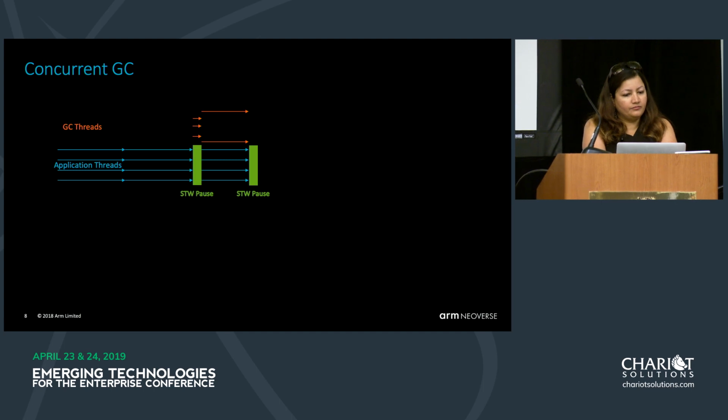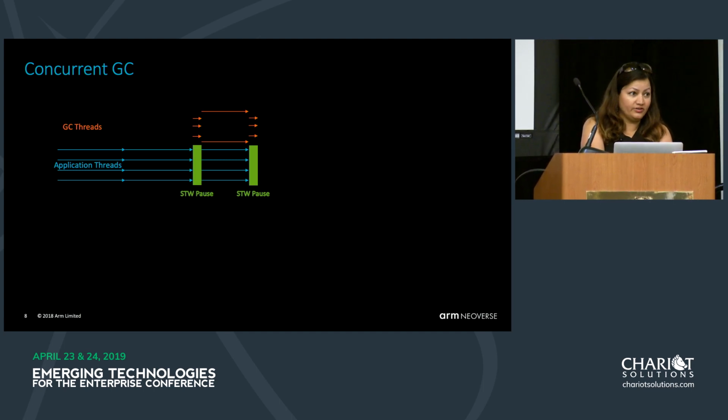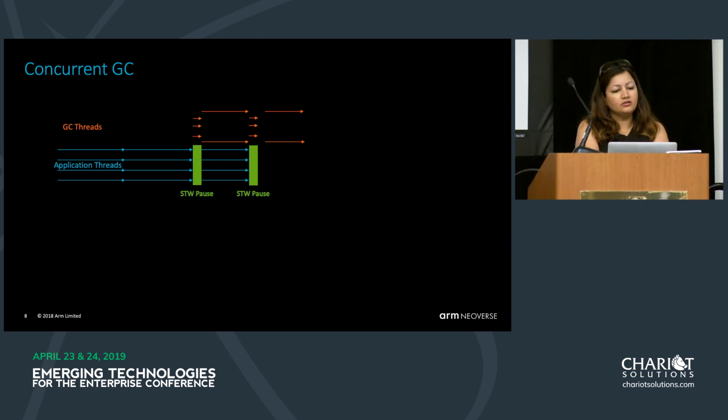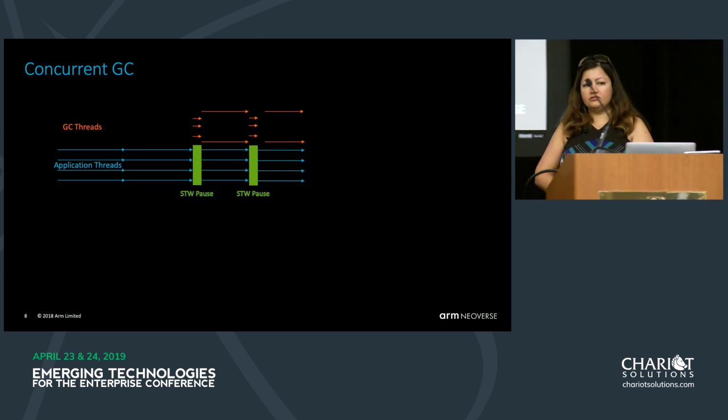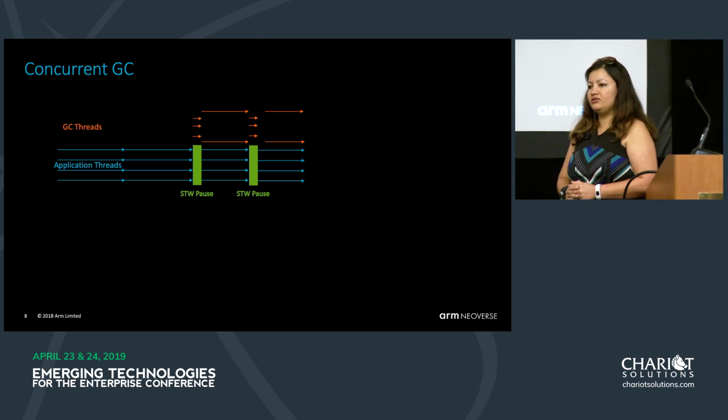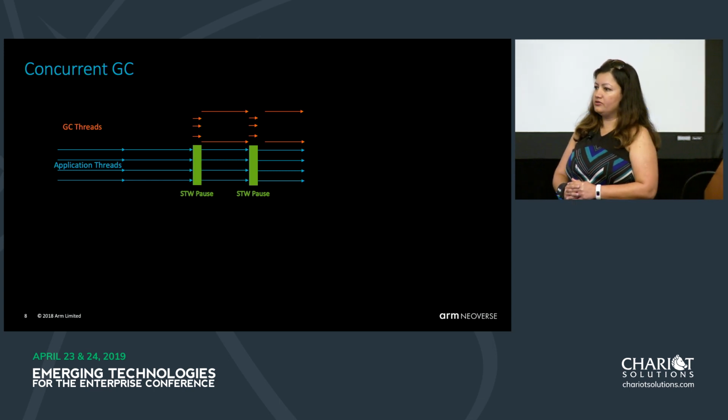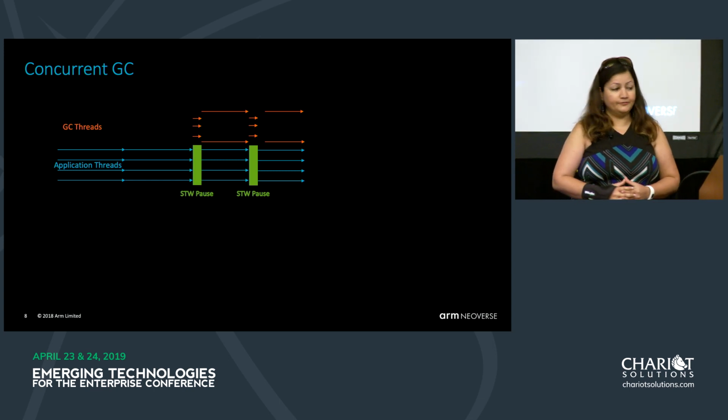And then you have other stop the world pauses. You will have your parallel GC threads working during the stop the world pause, and your concurrent GC threads will continue working along with the application threads. This is what you would see in ZGC and even Shenandoah. You'll see most of the stuff done concurrently.